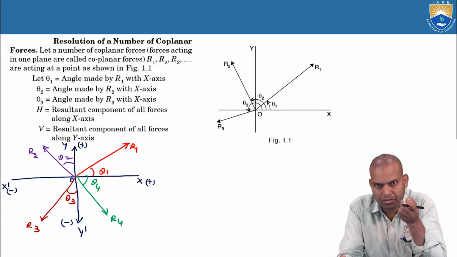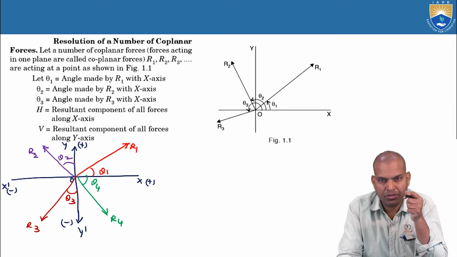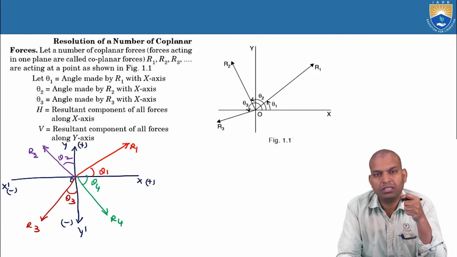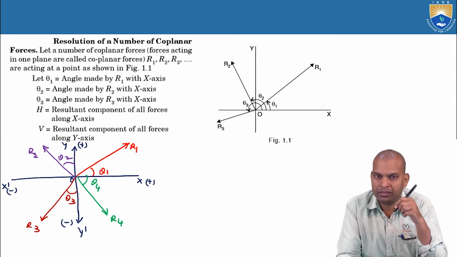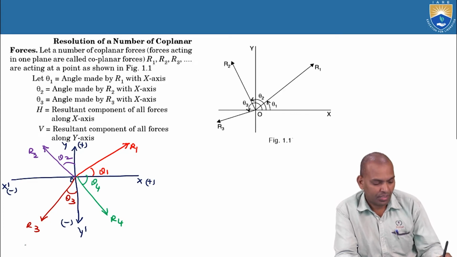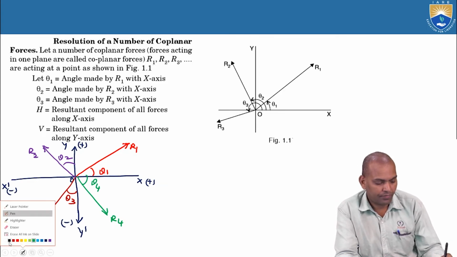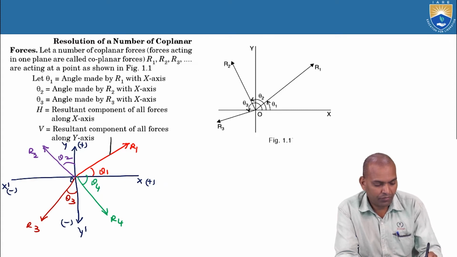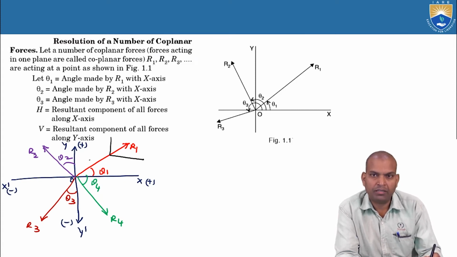How to resolve these components of the forces? How to find out the resultant force by using the method of resolution of a coplanar force system? Let us begin. I am following with R1. Draw a line parallel, a horizontal line.